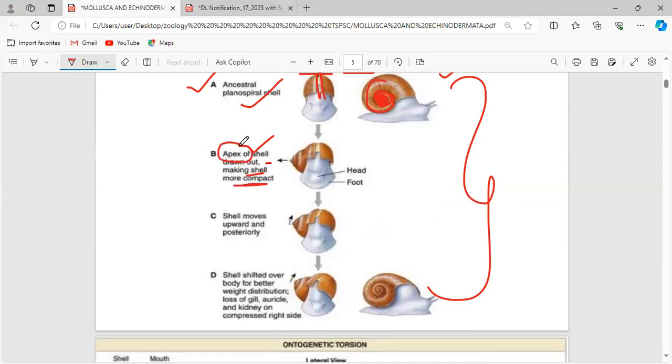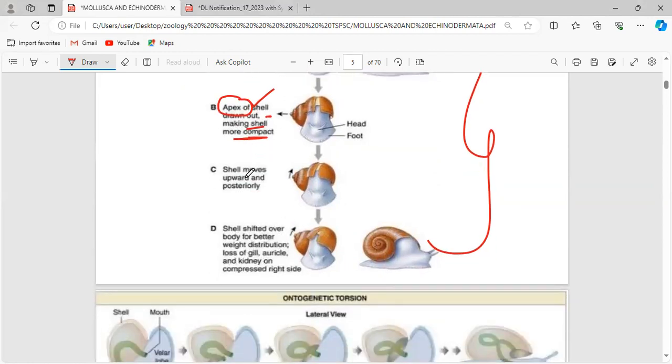Because the apex of the shell becomes more compact, later the shell moves upward and posteriorly. This is the anterior region and this is the posterior region, and the shell moves a little upwards and a little towards the posterior region. Now the shell is shifted over the body for better weight distribution.